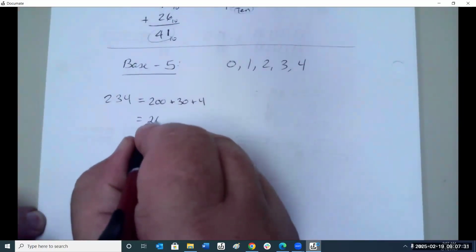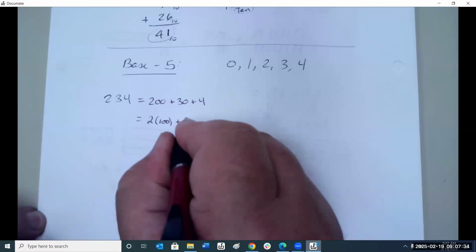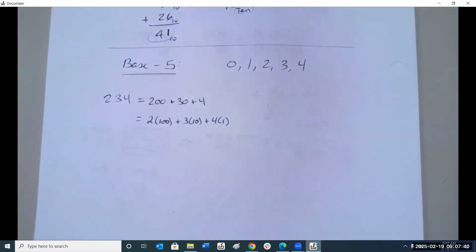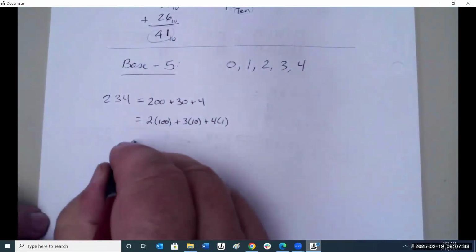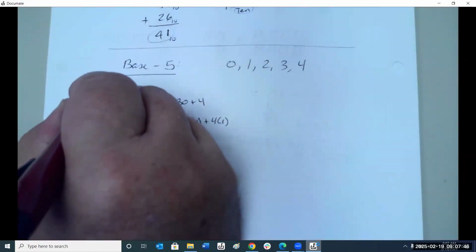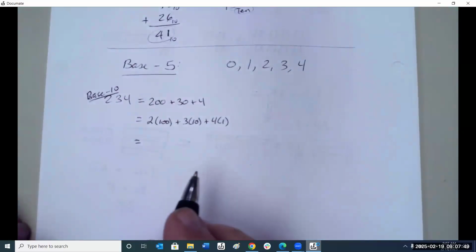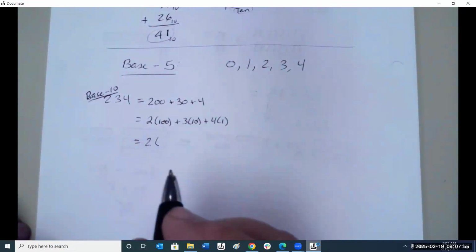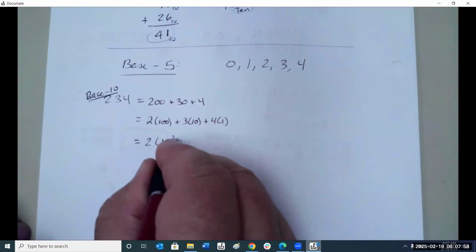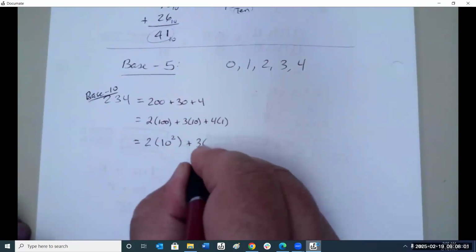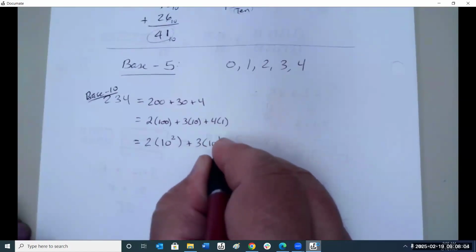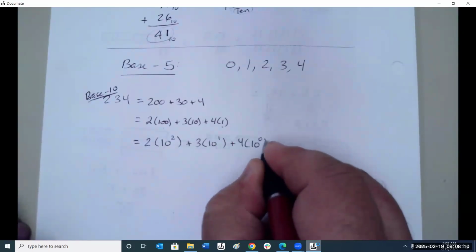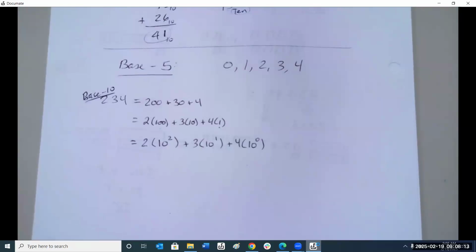So this is 2 times 100, 3 times 10, and 4 times 1. Remember, we're looking at base 10 here. What is 100 made up of? 10 times 10, isn't it? This is 10 squared. 10 is made up of 10 to the first power. 1 is made up of 10 to the 0 power. Anything to the 0 power is 1.